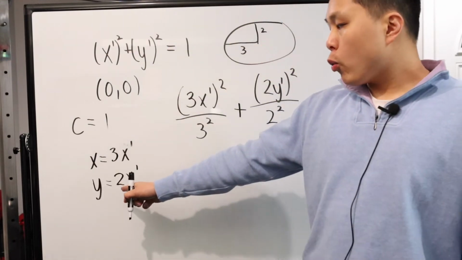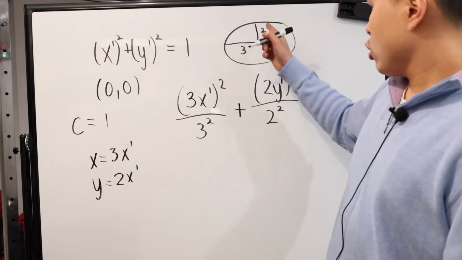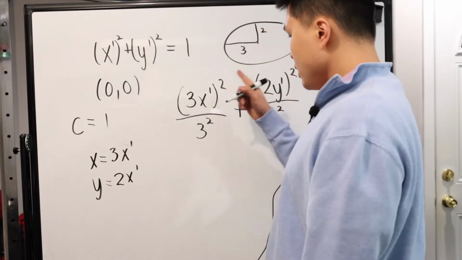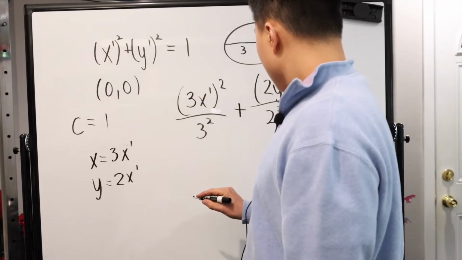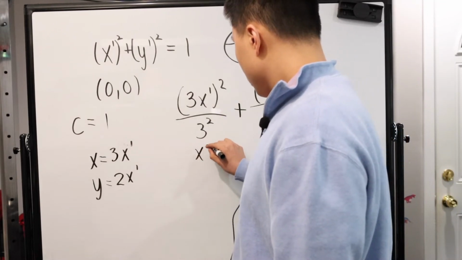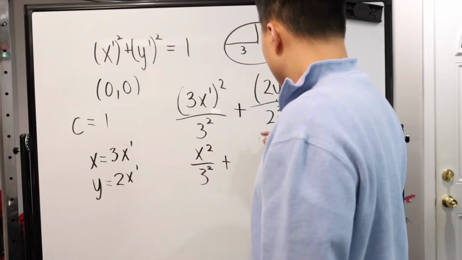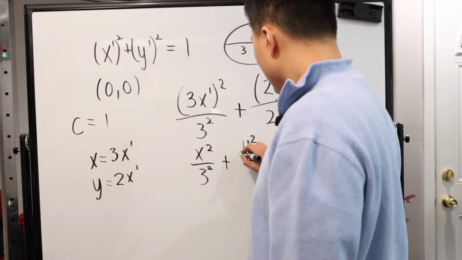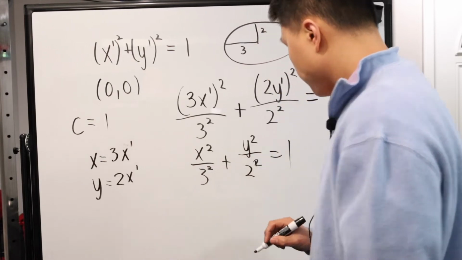So whatever y we're choosing, whatever point it is, it's going to be stretched by 2. And therefore this thing, well, let's just remember that it still equals 1. This thing changes to become x squared over 3 squared plus y squared over 2 squared equals 1.